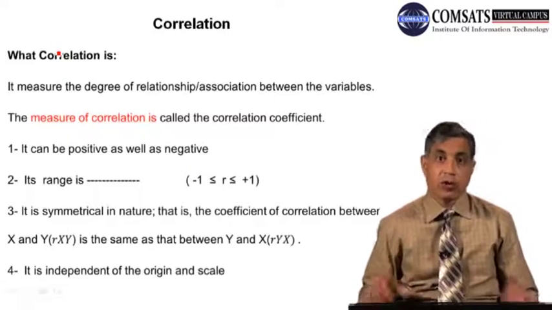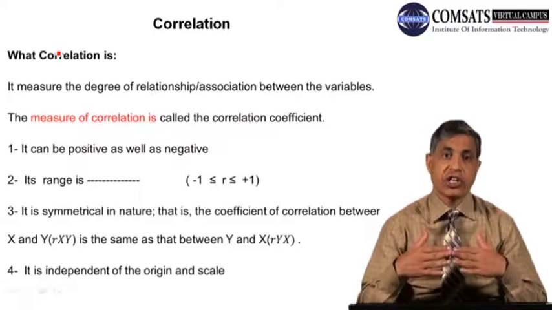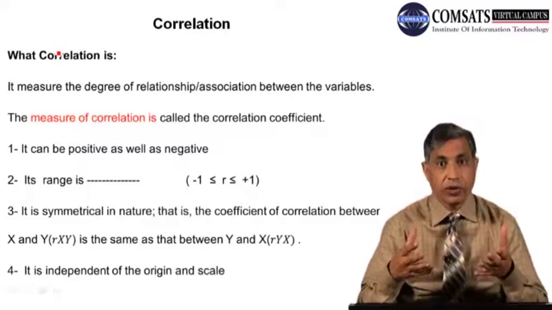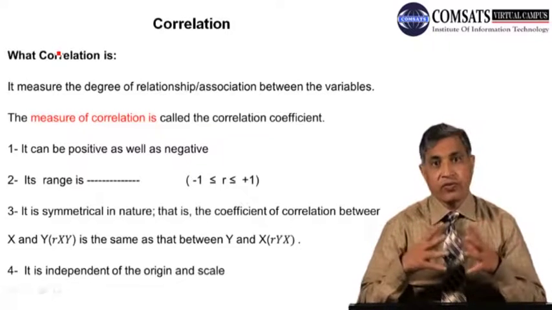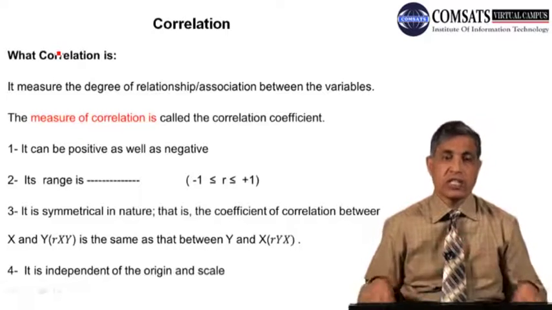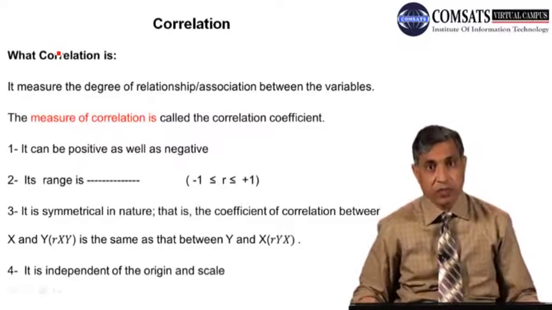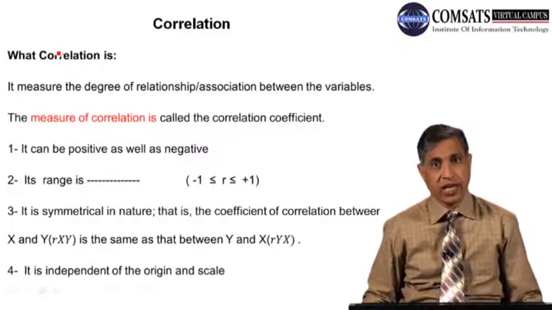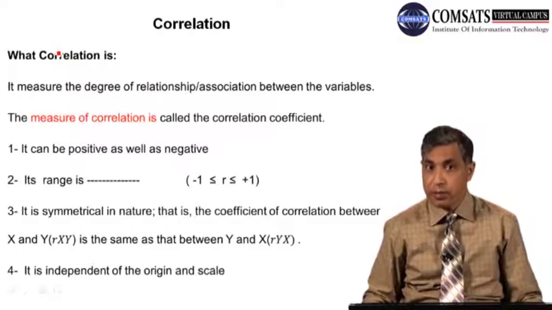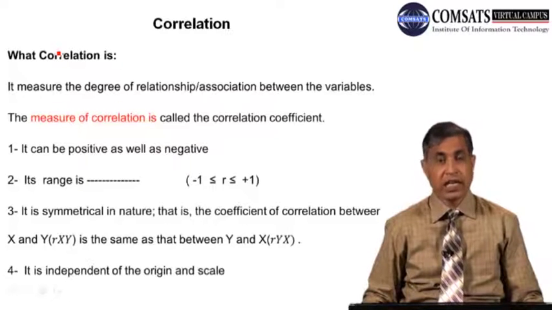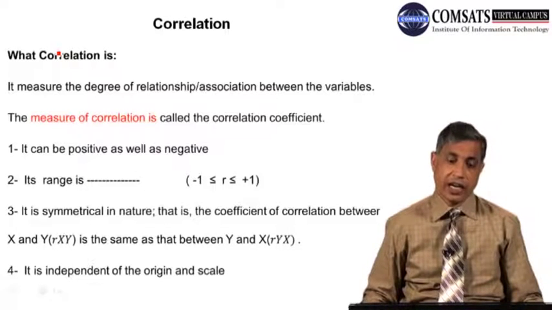Now I am talking about the association, and the degree of association that we have denoted with r. So we will see what the numerical value of r is. First of all, we discussed its first property, that it can be positive as well as negative, unlike probability, which can only be positive. There is no restriction on the coefficient of correlation as to whether it is positive or negative.